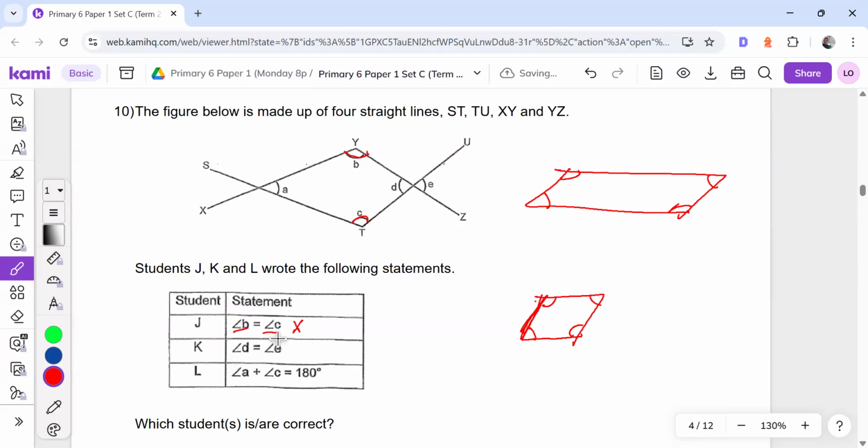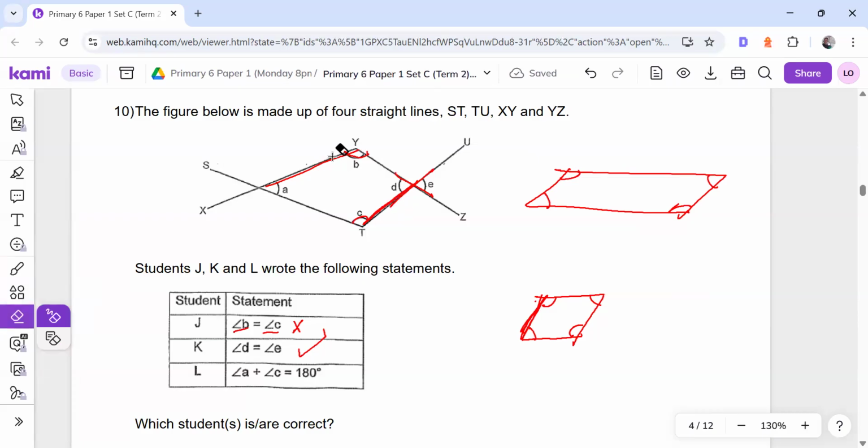Angle D equal to angle E, that is definitely true because opposite angles are equal, right? Angle A plus angle C is equal to 100 degrees. That is definitely not true because the two lines don't look parallel, right? Because they don't look parallel, they don't add up to be 180 degrees.